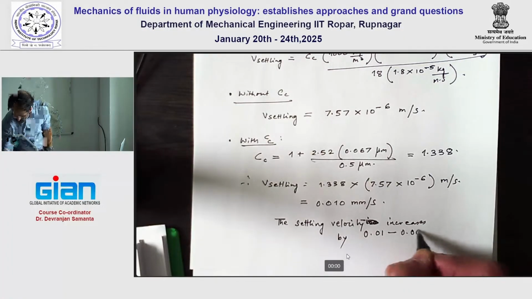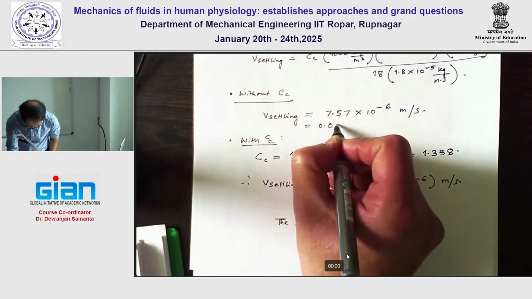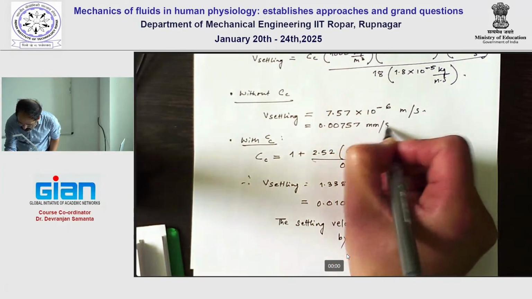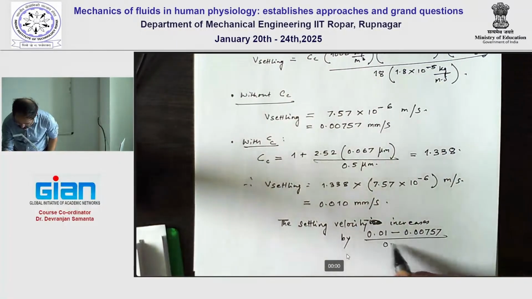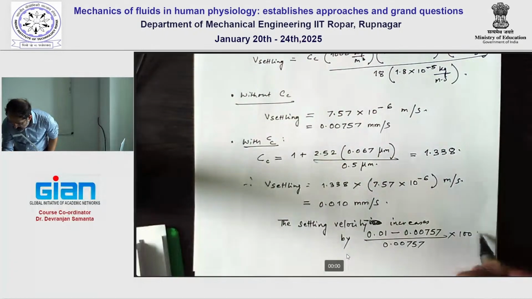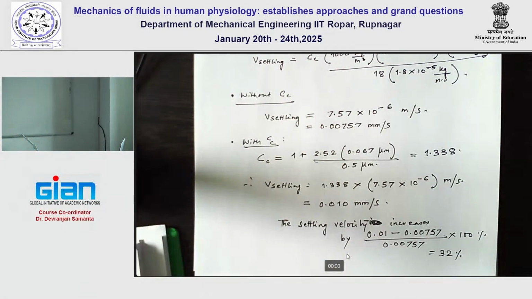If I write the first velocity in millimeters per second, it would be 0.00757 millimeters per second, which, if you calculate, will be around 32%. So it changes by quite a bit just by doing the slip.